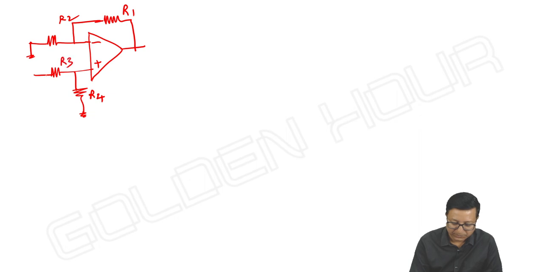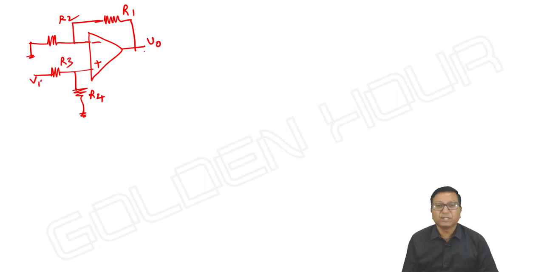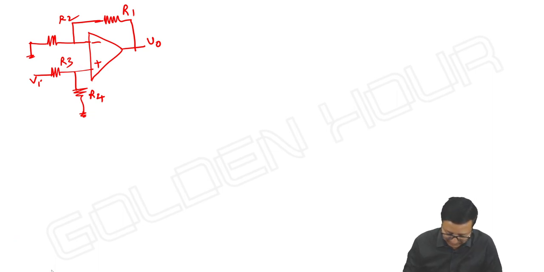Whereas, find V output in this case. Okay, here I can write, the current entering here is 0, but from Vi to ground there is a scope for the current to flow like this.